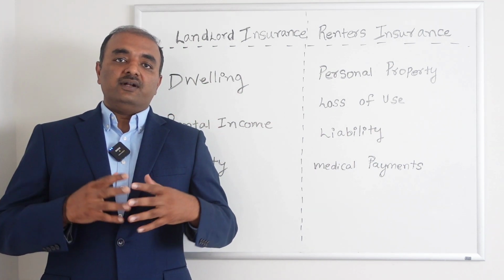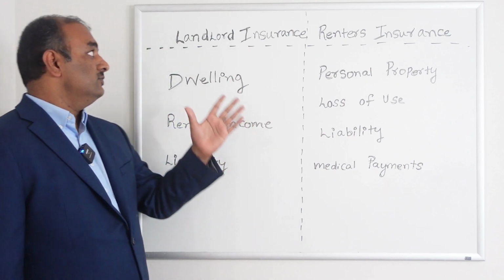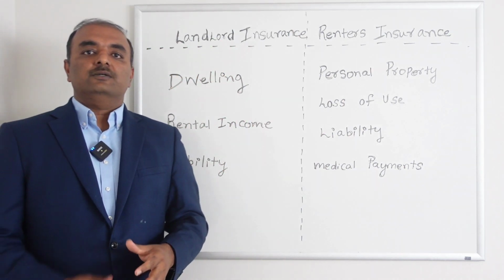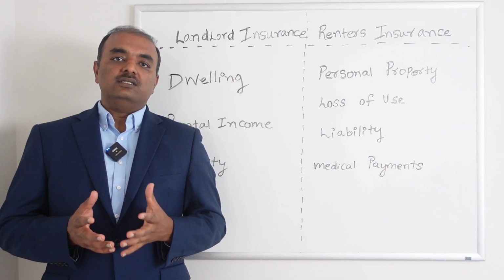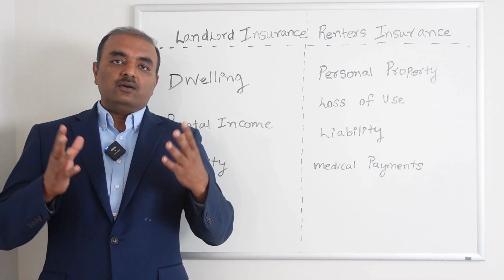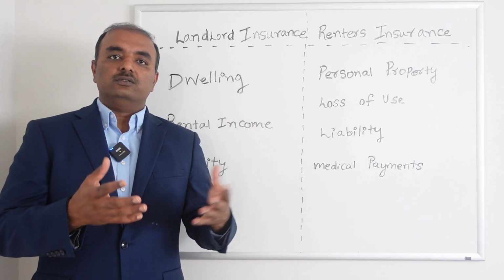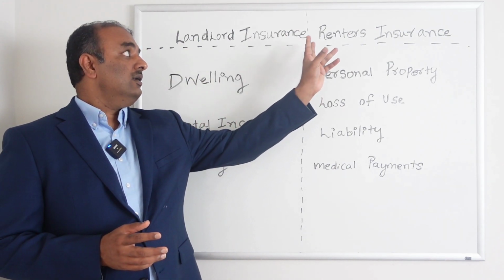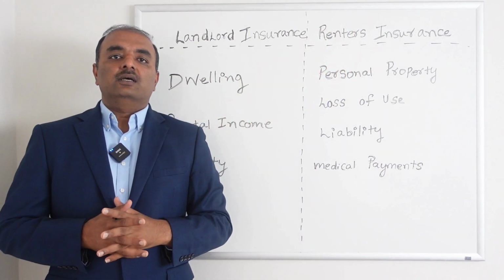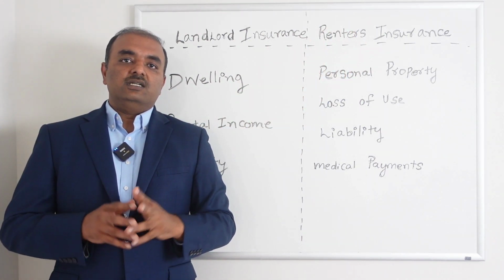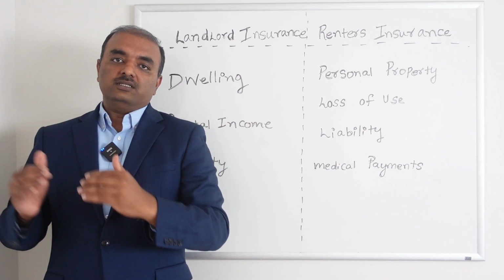Instead, they have rented their home. That's where we use landlord insurance. Whereas renter's insurance is where somebody doesn't have their own building, they rent a condominium or townhouse, then they go for renter's insurance.